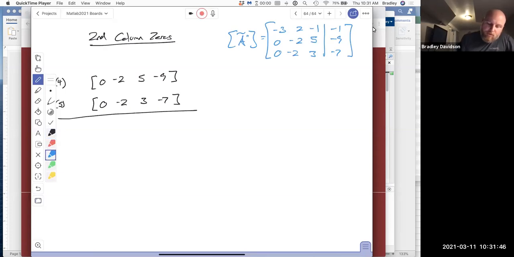And then our multiplier, we have a negative out front, and it's -2 divided by -2. Okay. And so when we add these two together, we get a 0, 0, because we've now eliminated the x2 variables using these rows, and then -2, 2.